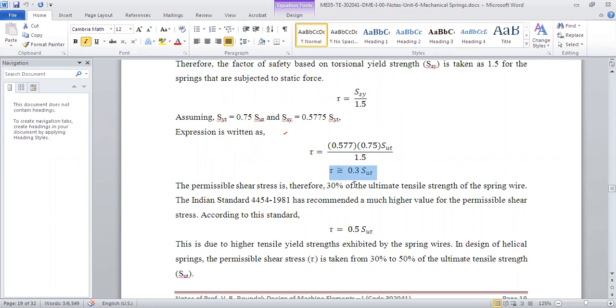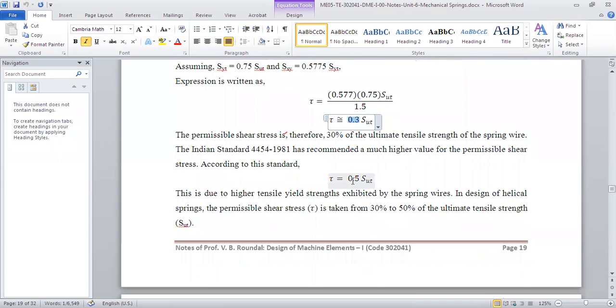Why are we taking 0.3? By using this formula. Whatever ultimate stress is given, we take 30% of that as our allowable shear stress for the spring. Some standards say 0.5, so we can take anywhere between 0.3 to 0.5 of SUT as our working shear stress.